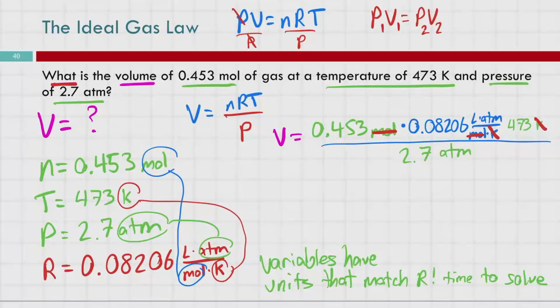We've got atmospheres on the bottom, so those also cancel. And what's left is liters. So volume equals something liters. So multiply everything on the top, divide by the thing on the bottom, and you should end up with your answer. That answer is 6.5 liters. We're rounding to 2 significant figures because of our 2.7 atmospheres.